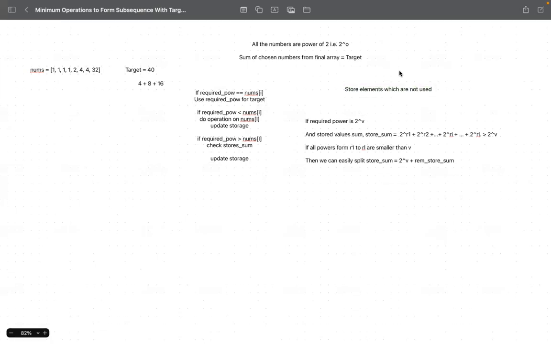I'll be storing elements which are not being used, right? If 1 is not being used to achieve the target, then I will just store this 1 somewhere. Any element which is not being used to sum up to the target, that we will store somewhere, right? And okay, so this is about this.